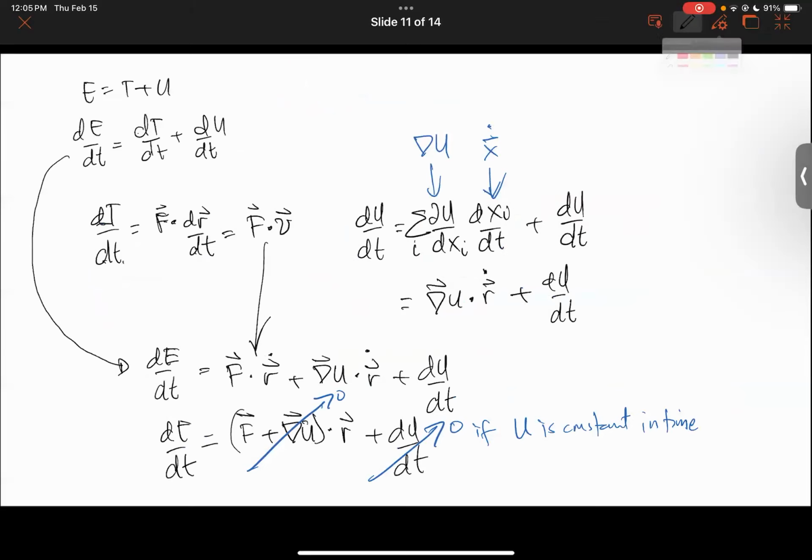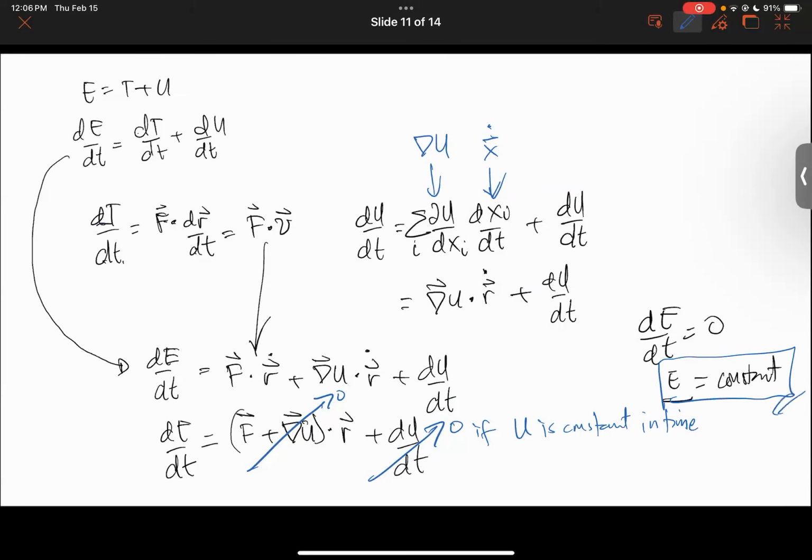So what we get is dE/dt is equal to 0, or E is equal to constant with respect to time, which means na total energy is conserved.